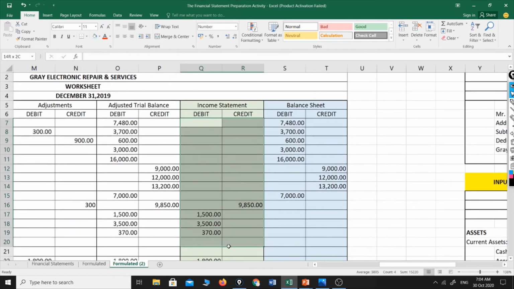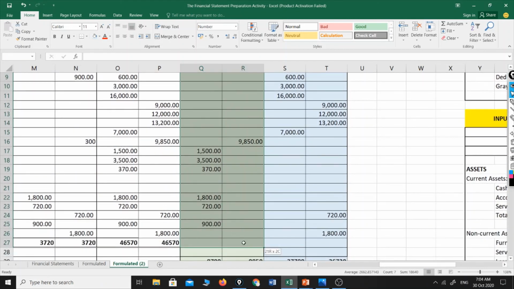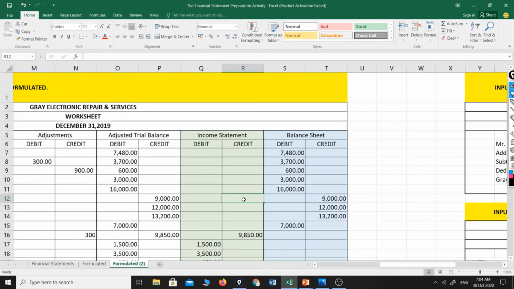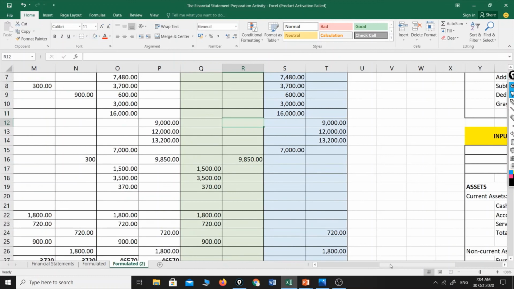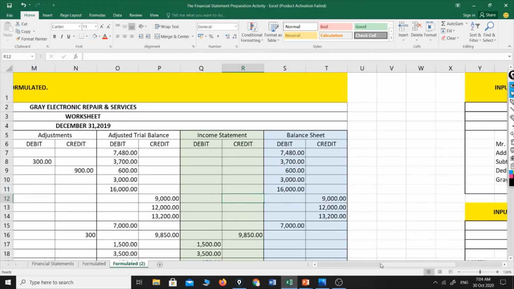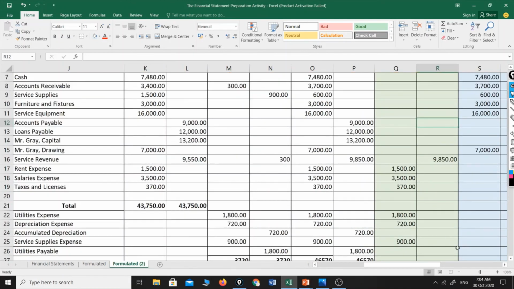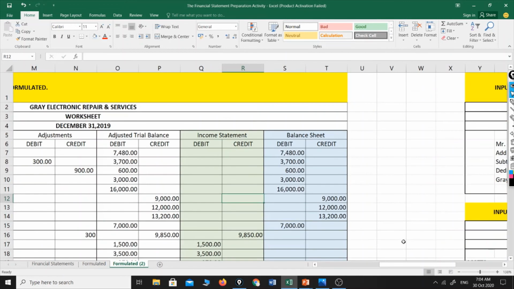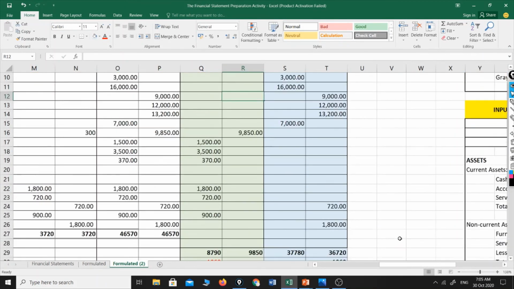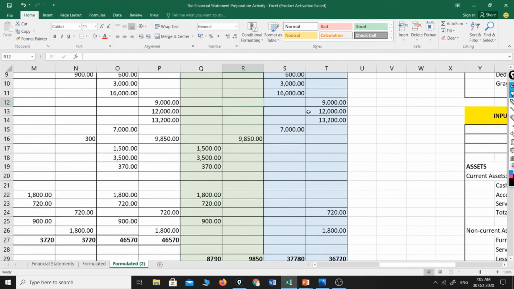We can also find the amounts and information that we need for preparing the income statement here. For the statement of changes in owner's equity, you can still find this in the worksheet. Okay? So that's it, guys.